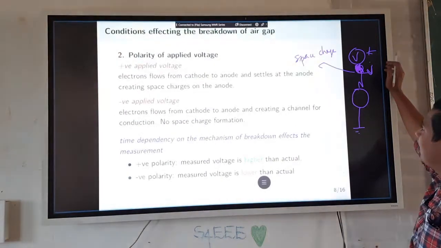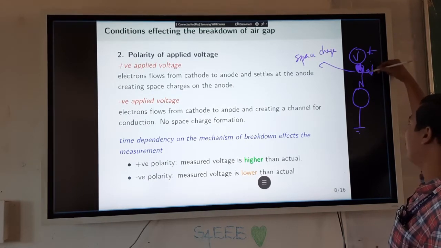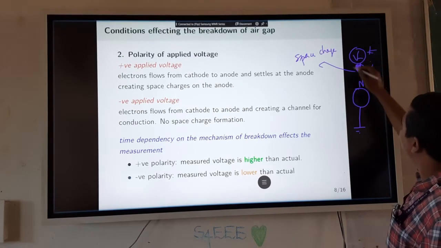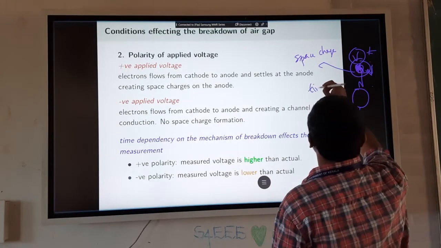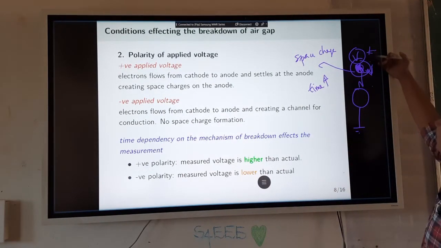Under that condition, you already have the voltage V at this distance and you can have a breakdown. But this space charge formation takes quite a long time.